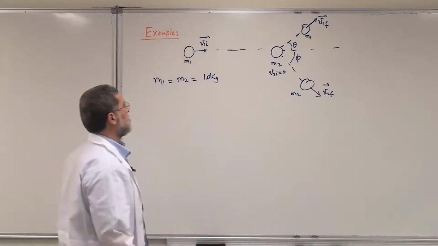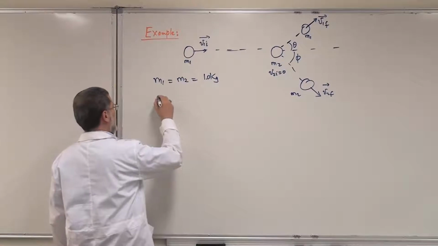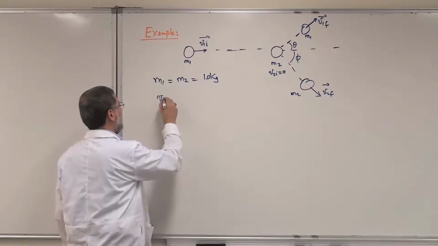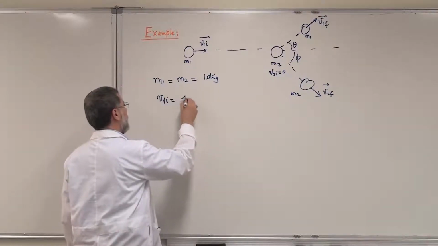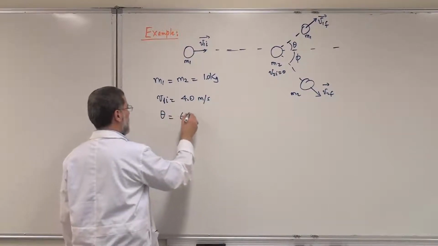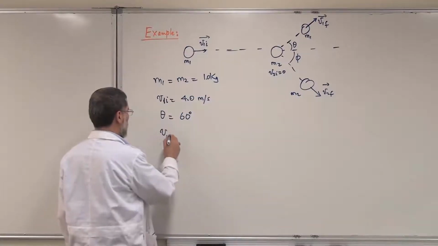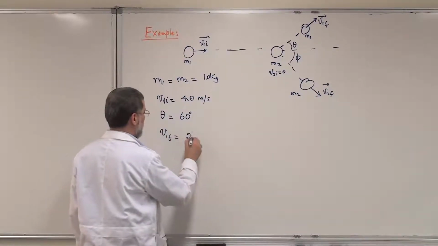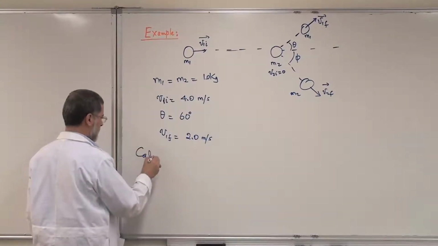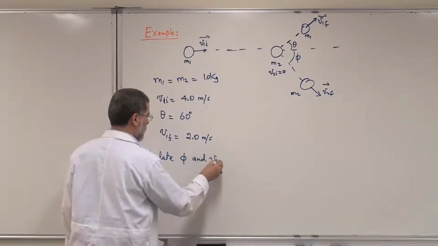We take some values here. v1 initial, the speed, is 4 meters per second, and the angle theta is 60 degrees, and v1 final is 2 meters per second, and we are asked to calculate the angle phi and v2 final.